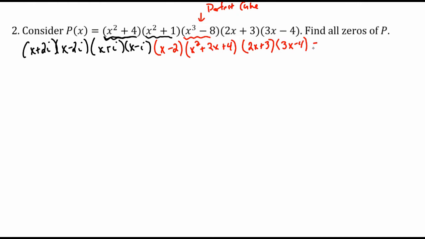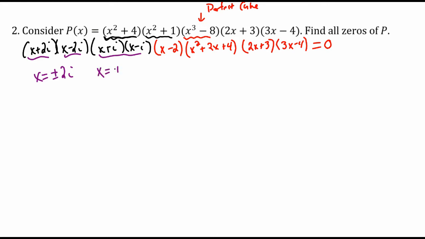So if I want to find the zeros, I've got to set this equal to 0. And then use everyone's favorite property. If I multiply 1, 2, 3, 4, 5, 6, 7, 8 things together and get 0, one of these things had to have been 0. So I get x equals plus or minus 2i. Negative 2i and positive 2i.